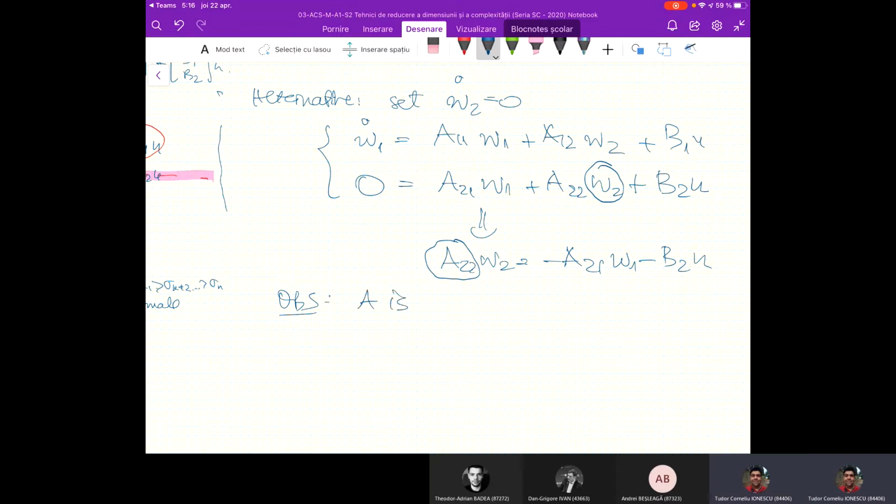What's the main assumption we make on the matrices to be able to do this procedure? How's the matrix A?